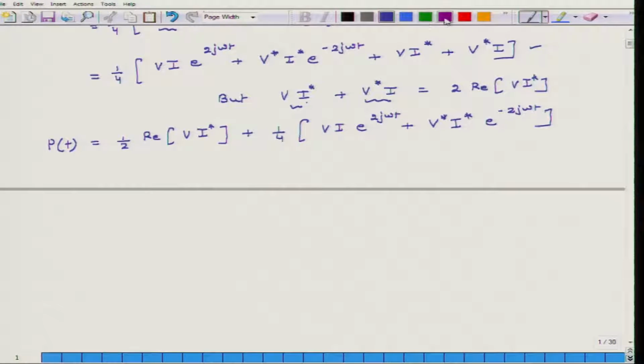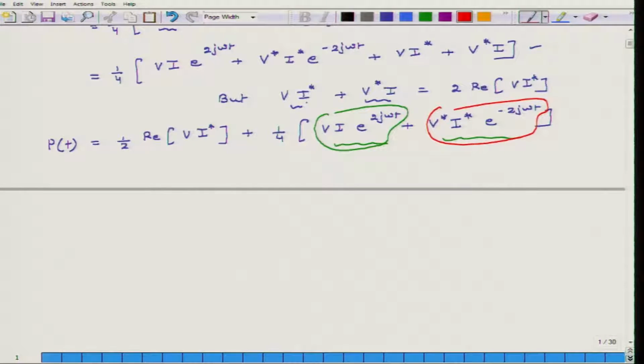Now, we again compare this term and this term in the parenthesis, and we note that the complex conjugate of this term is the term encircled in red. A complex number and its complex conjugate add up to twice the real portion.